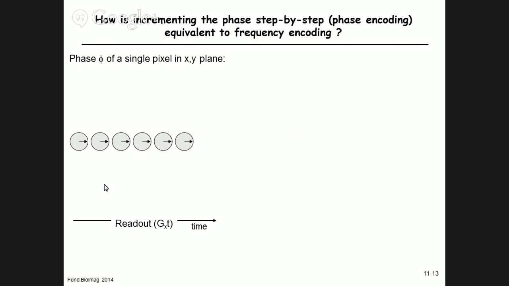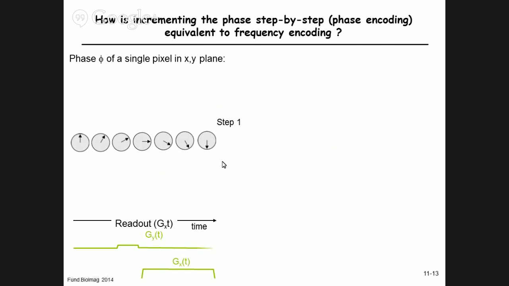The effect is the same as if you had turned on a gradient along y, at least seen from the computer. So we'll start out with the magnetization along the readout. This is here. When the gradient is turned on, it will dephase. So we have this position. In step one, we'll apply a gradient along y. So the phase is now shifted along according to the position in y and tilted by the readout. What we're now looking at here is not an object.